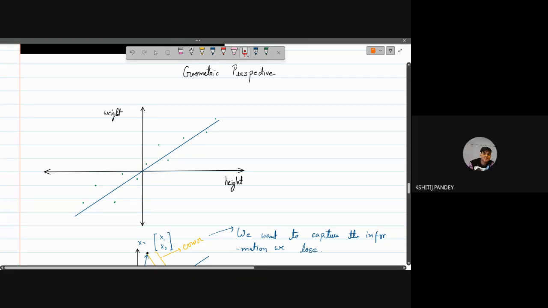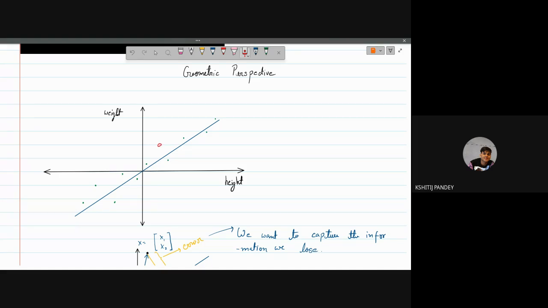Okay. So what do these data points represent? Let's talk about this data point. It will have some x value, let's say 5, and y value is 2. When we talk about the points here, this point measures the height, right? If you just take this point, it has the same value of height as this, and the same for all the points.